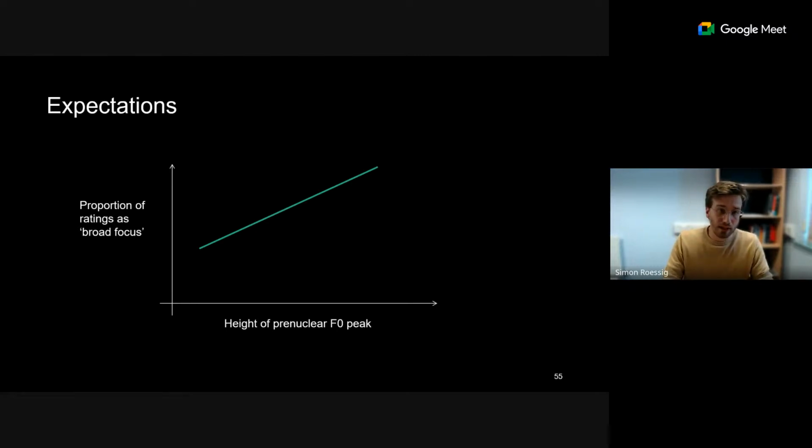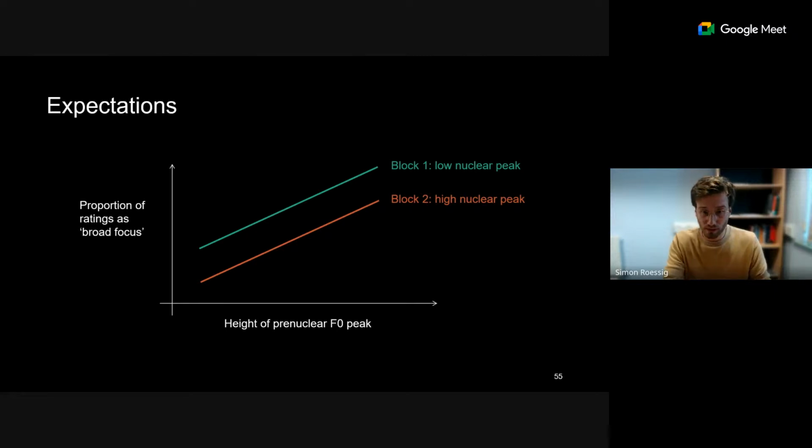And the height of the nuclear peak modulates this in the sense that a higher nuclear peak leads to lower proportions of broad focus responses or more narrow focus responses. In other words, higher prenuclear peaks are needed to counteract the higher degree of prominence that we have on the nuclear peak. Okay?